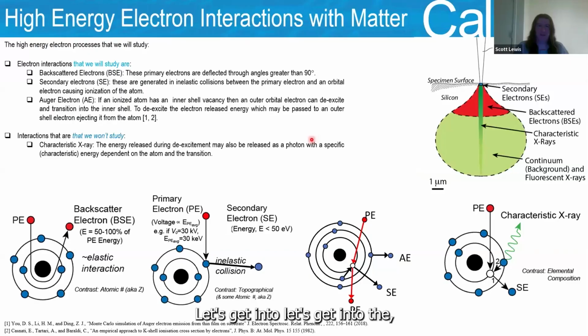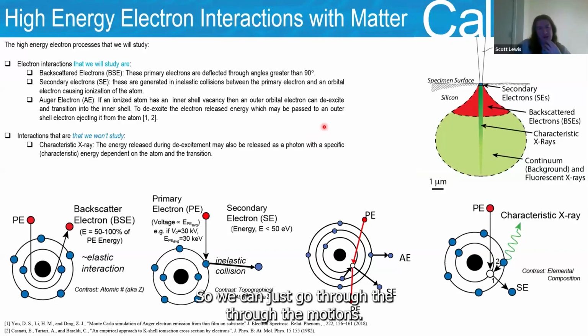All right, let's get into the electron beam interactions. So I'm going to have to apologize. My slides are very hectic and very busy, but you should be able to follow them. So I'm going to try and do this by case study, so we can just go through the motions.